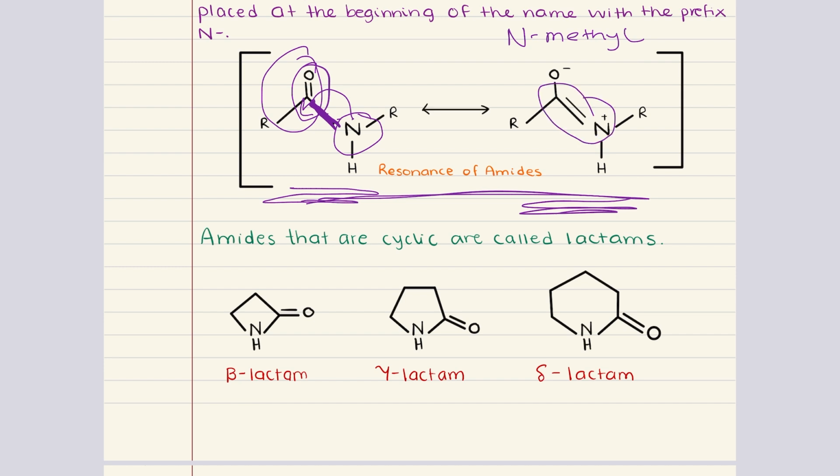So it forms right here, and the carbonyl oxygen now carries a negative formal charge, while the nitrogen carries a positive formal charge. Because of this resonance stabilization, the carbon-nitrogen bond in amides is shorter than a typical carbon-nitrogen single bond, and the carbonyl carbon becomes less electrophilic compared to a normal carbonyl group.